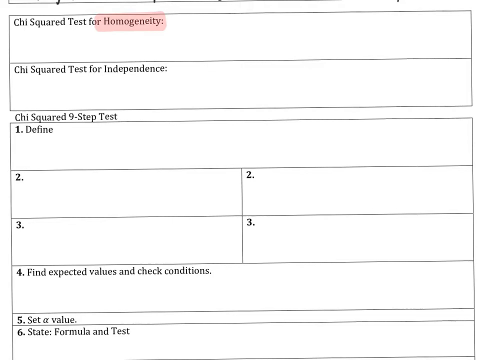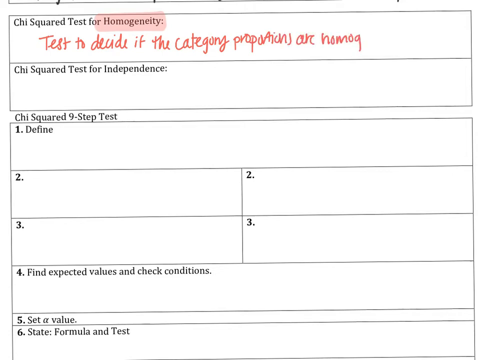This is a test to decide if the category proportions are homogeneous, meaning the same across the populations.